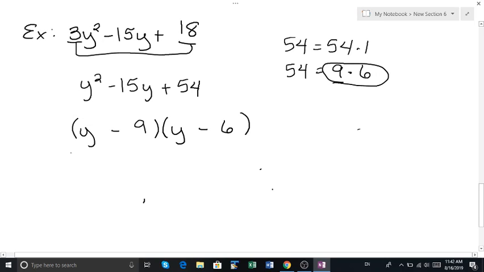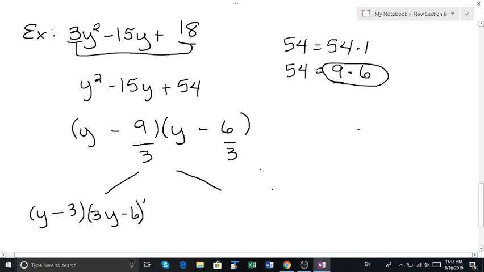Now, since we've multiplied our constant by 3, we're going to divide both by 3. This is going to give us the two possible answers like we talked about in the example before. For this first possible answer, I'm going to divide 9 by 3 to get y minus 3 times 3y minus 6.